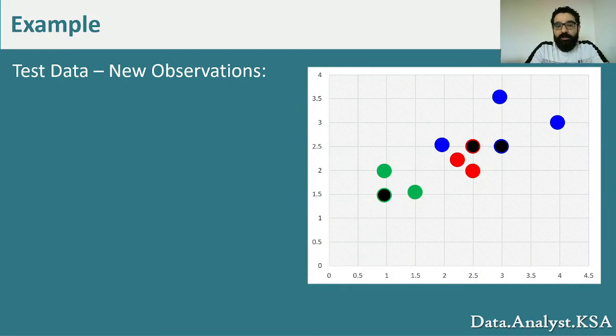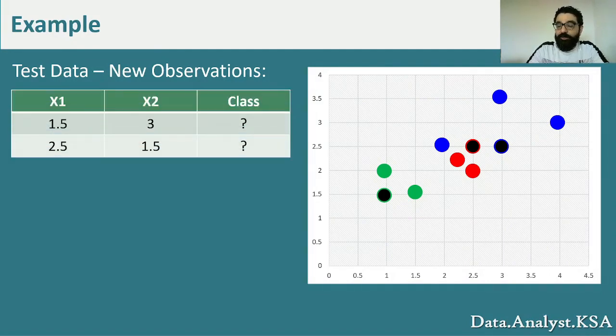We use them to finally check how our method is performing, which gives us an indication of the out of sample error, as we call it, which is how our method will perform in the population that we don't know. So in this problem, we will act like we don't know the classes of the test observations, and our aim is to classify them. We have 2 white points over here that we are aiming to classify as red, blue, or green.